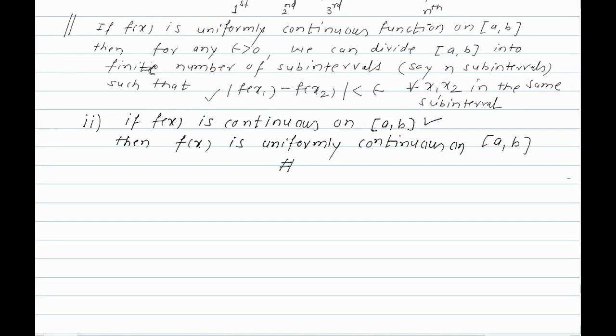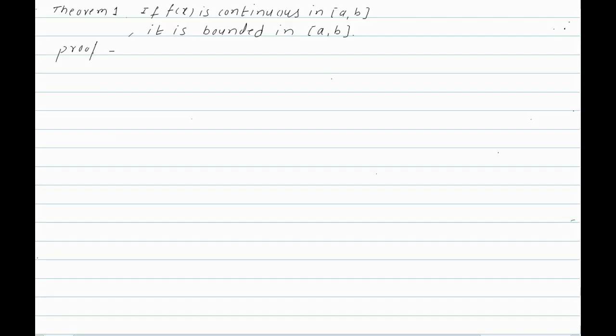So we use both of these statements when we prove properties of continuous function. So let us prove the first property of continuous function. If f of x is continuous in closed interval a comma b, then it is bounded in that interval.